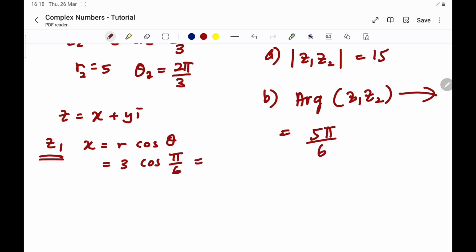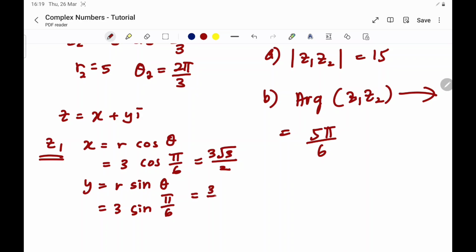The answer here is 3 square root 3 over 2. Then y is r sine theta, which is 3 sine of pi over 6. Using the calculator, you're going to get 3 over 2.